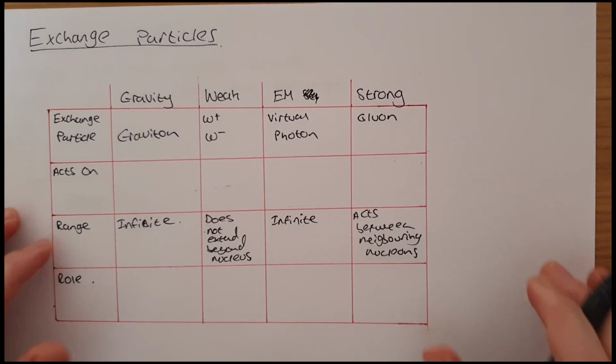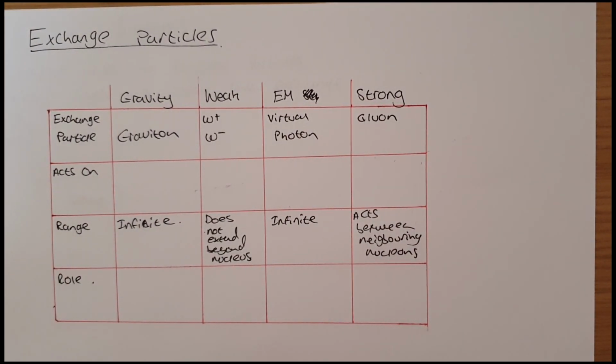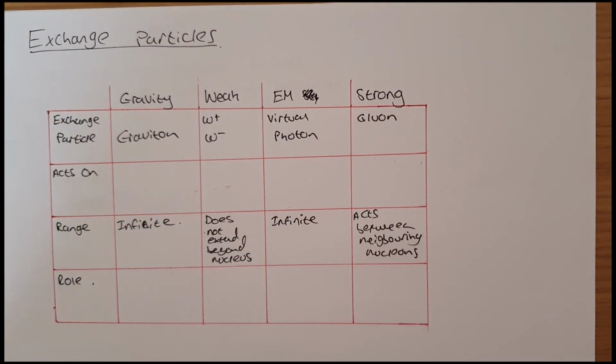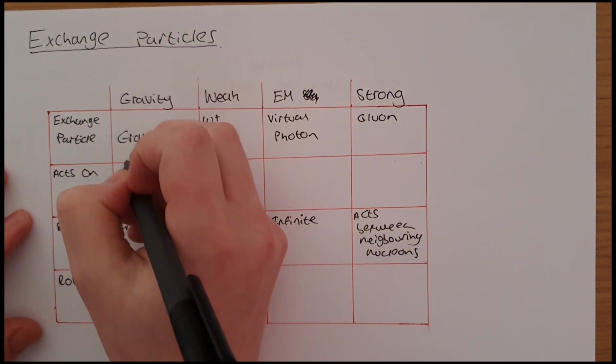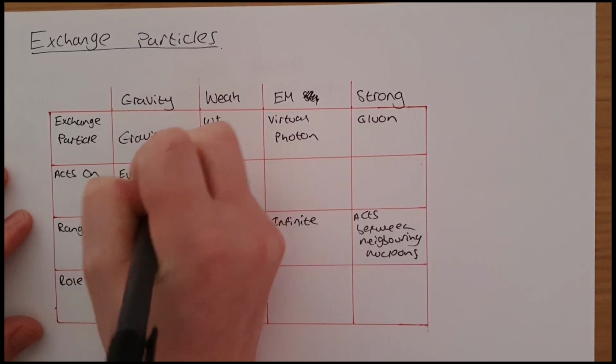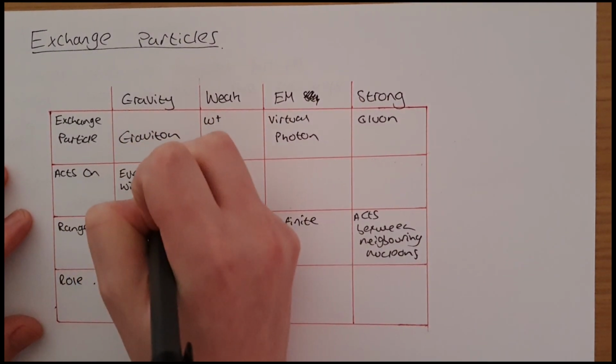Now, I'm going to introduce lots of key words here for what it acts on, and these will all become familiar as we move through. So gravity. Gravity acts on anything that has a mass. The force is between two masses. So acts on everything with mass.